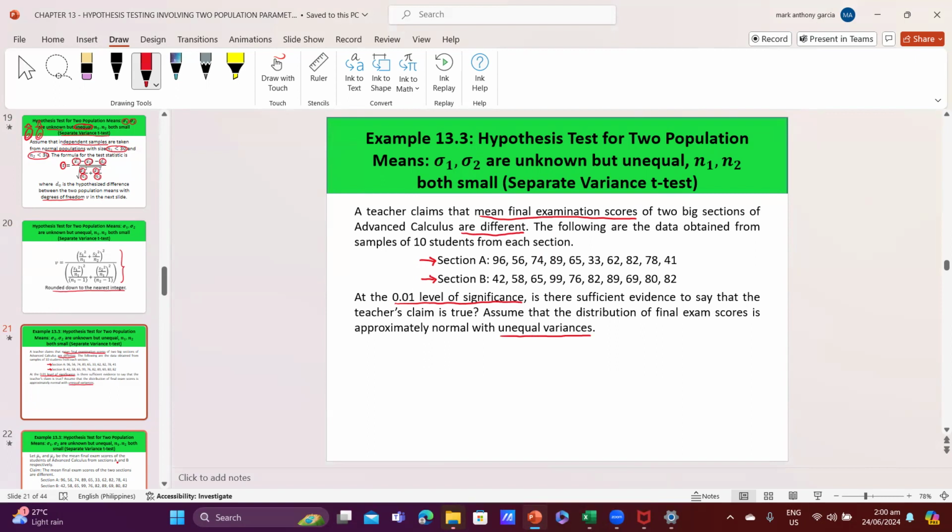So let's analyze first why this example falls under case 3 or the separate variance t-test.